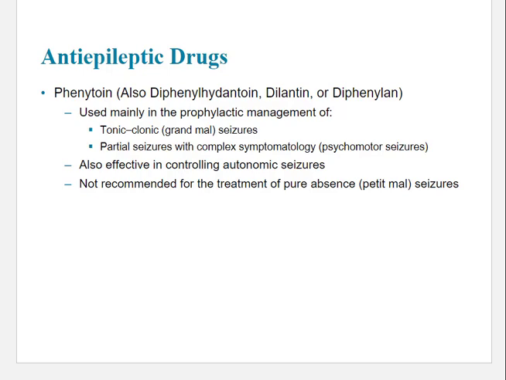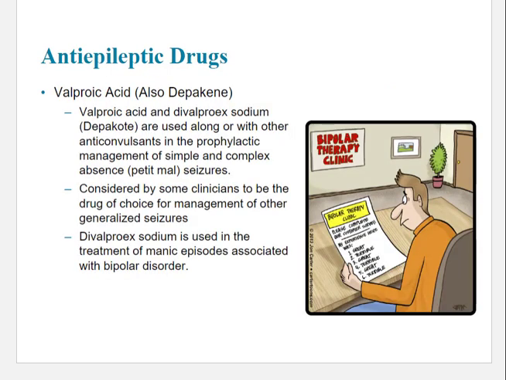We use Dilantin a lot of times. The nurse will call you, so you've got to know both names, and it's phenytoin and Dilantin. So with Dilantin, that is going to be used to treat grand mal seizures. See this first line right here, grand mal seizures. That is its main use. So phenytoin, Dilantin. You're going to need to know both names, please.